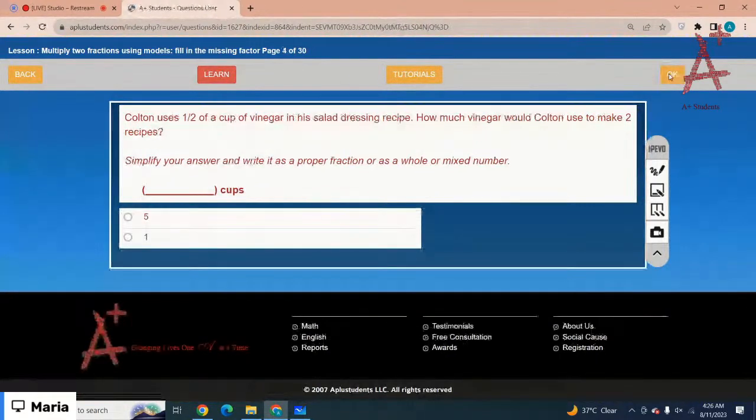Okay, the next one is Colton uses half of a cup of vinegar in his salad dressing recipe. How much vinegar would Colton use to make two recipes? So which is the correct term you have to do? 2 times 1 over 2. So which is the correct option?